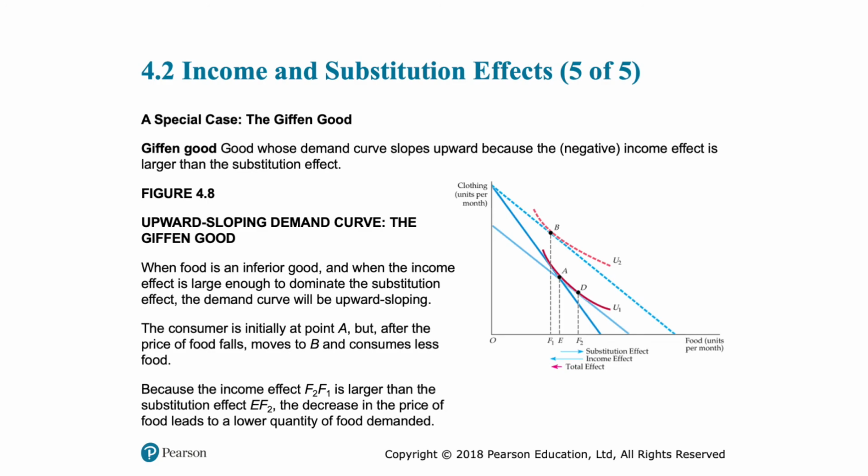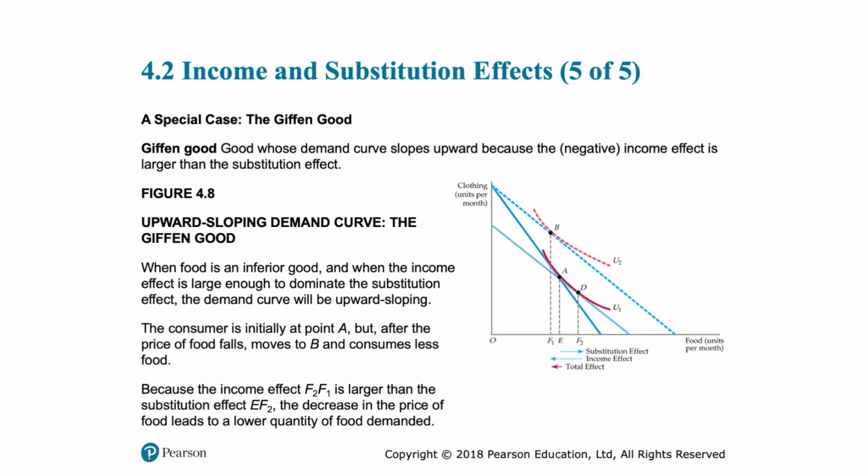Only the price changes, holding utility level constant. So F2 is the substitution. The substitution effect is positive. The price decreases, demand for that good increases again.